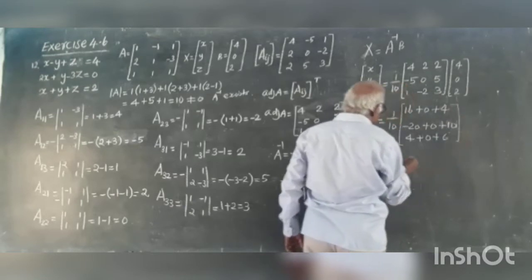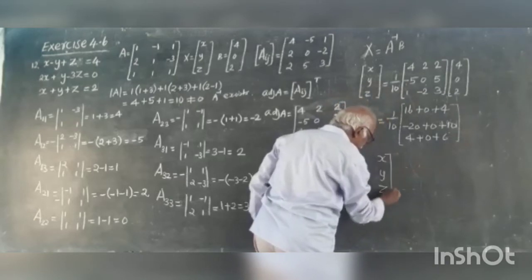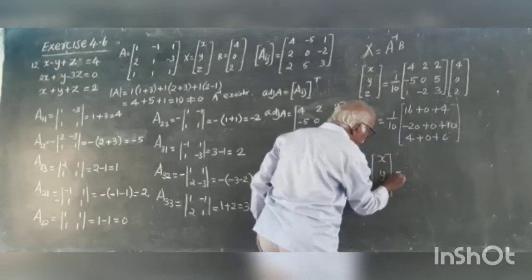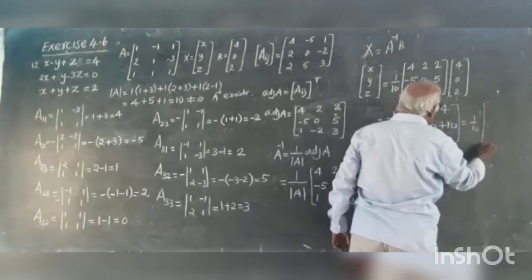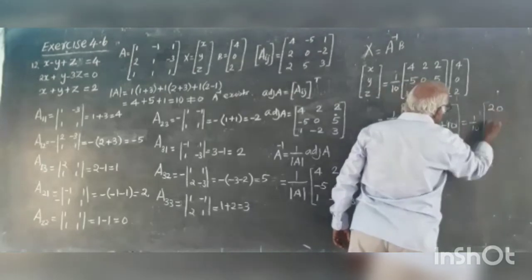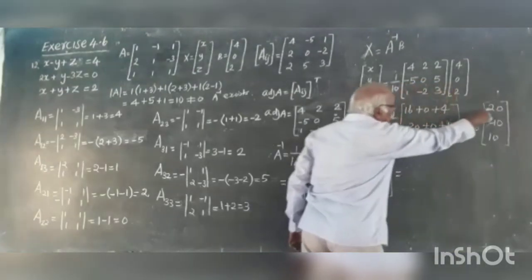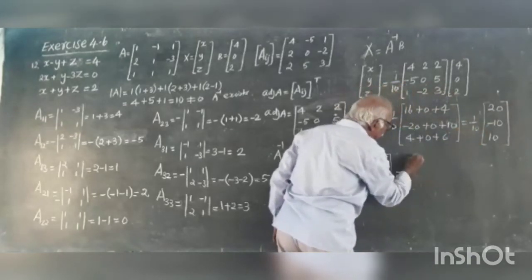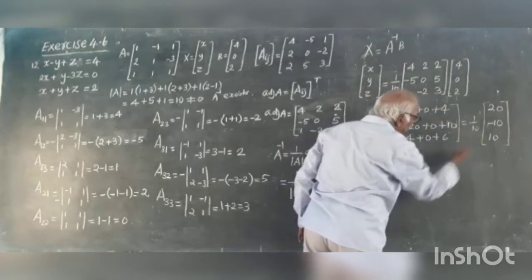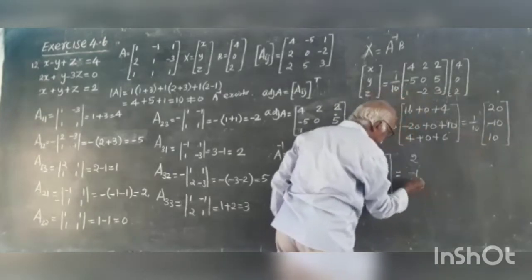So x, y, z equals 1 by 10 into 20, minus 10, 10. 1 by 10 into 20 is 2, 1 by 10 into minus 10 is minus 1, 1 by 10 into 10 is 1.